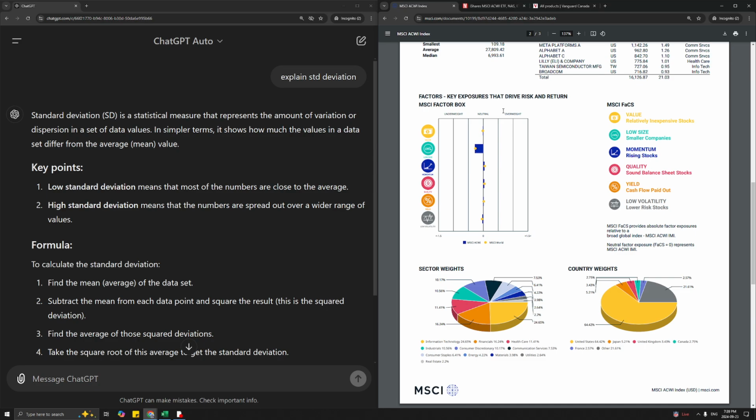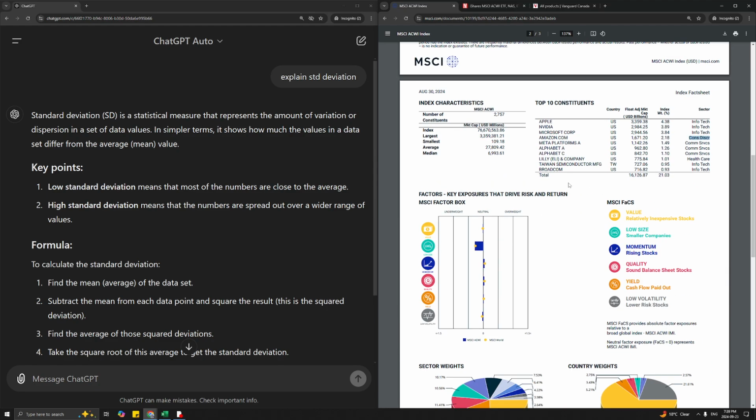Key exposures that drive risk and returns. These are basically factors that, how do I say this, are known to pay, and you pay with risk. There's something called a risk and return matrix, but the gist of it is that the more risk you take, the more return you get.